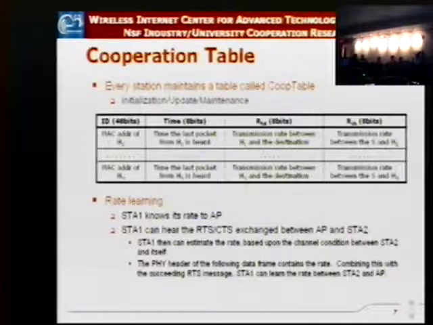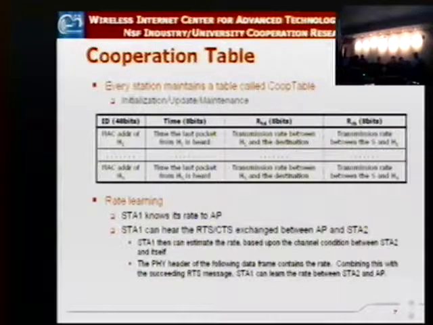So every station maintains this table, and every row of the table holds information about the identity of the neighbor, let's say helper 1. It keeps the MAC address of helper 1, the time the last packet from helper 1 was heard, and the two transmission rates: the rate between the station and the helper, and the rate between the helper and the destination.